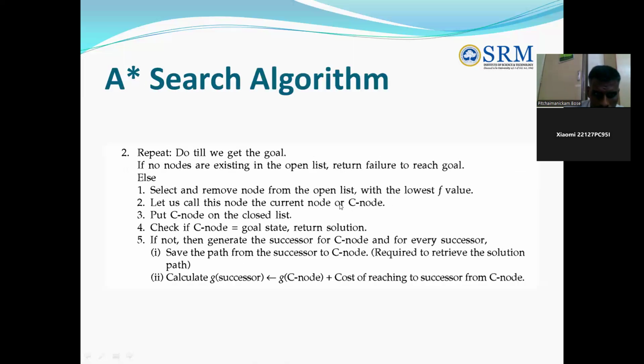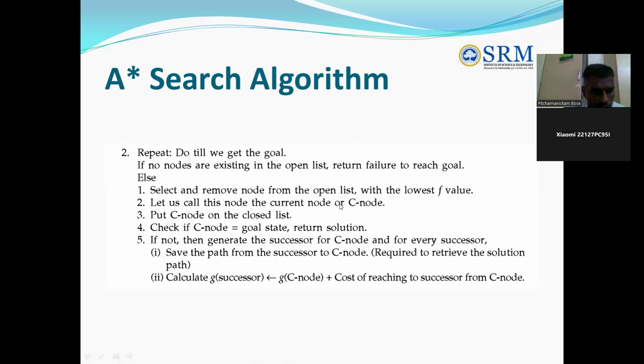Another thing is, what about the A-star algorithm? The A-star algorithm has to repeat the process to get the goal. If no nodes exist in the open list, return failure to reach the goal, otherwise we proceed. Select and remove the node from the open list with the lowest f value, and call it the current node or the C node.